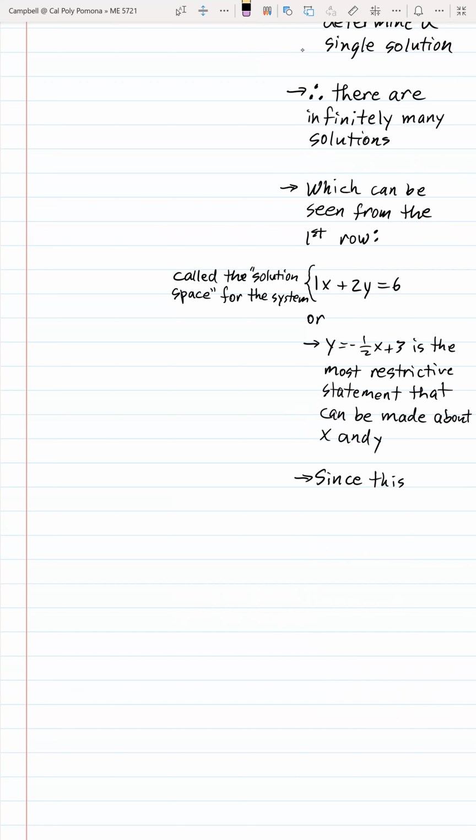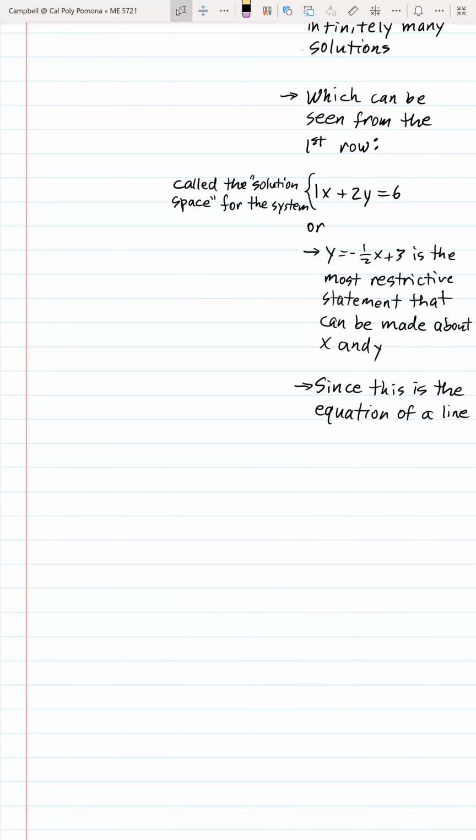So since this is the equation of a line, and anything that satisfies that equation will satisfy the equation associated with the second row, because again, I can plug in any x and y values and it will satisfy the equation associated with the second row.